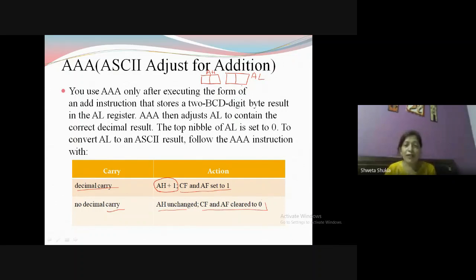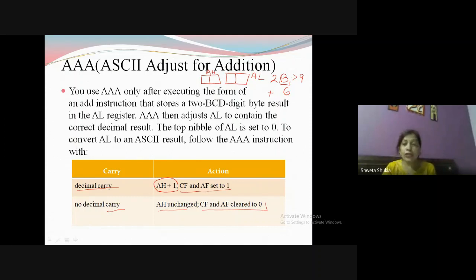For example, let us suppose the AL register has the value 2B. Now B is more than 9. So what you are going to do is add 6 to the B to convert it.